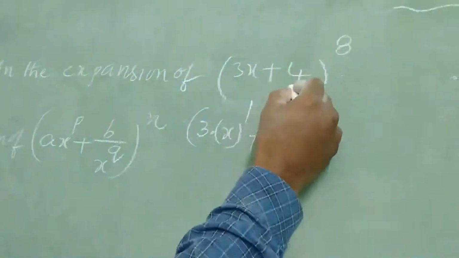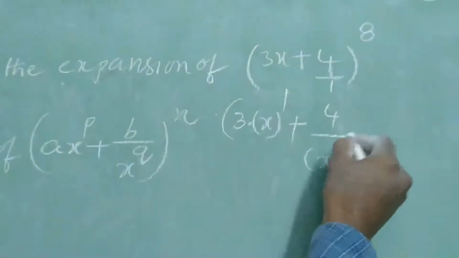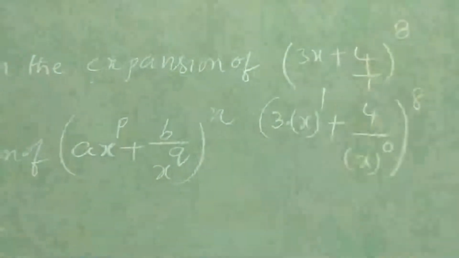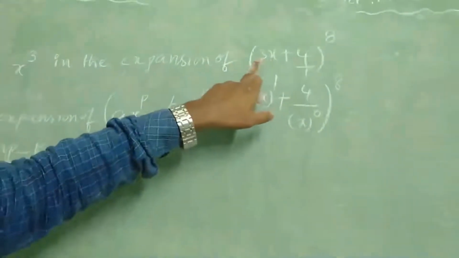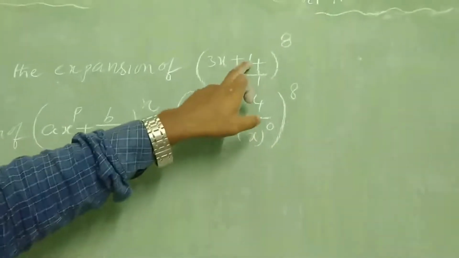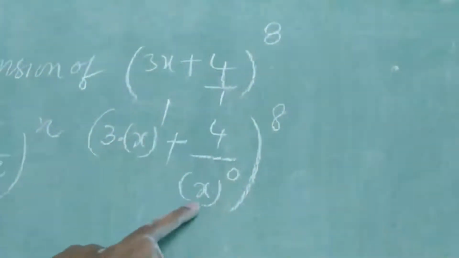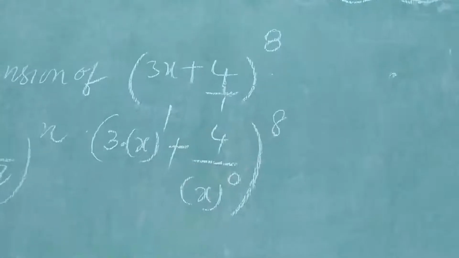This 4 can be written as 4 by 1, and 1 can be written as x to the power of 0, whole to the power of 8.